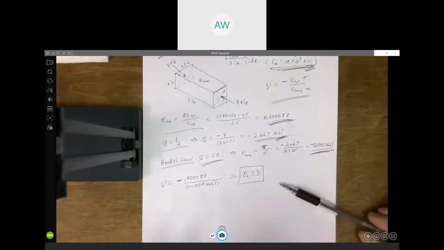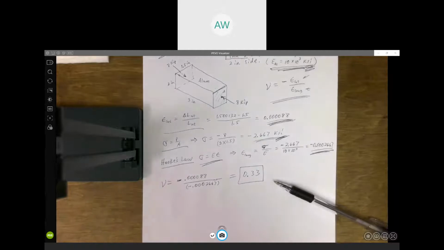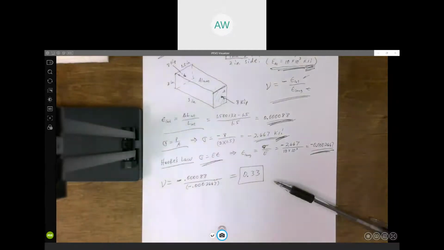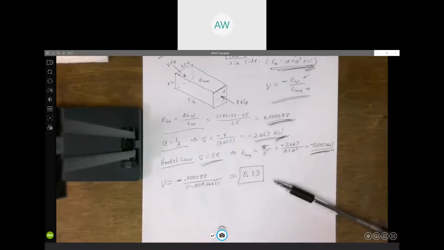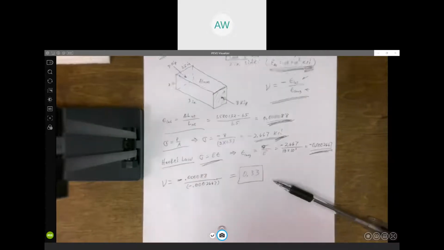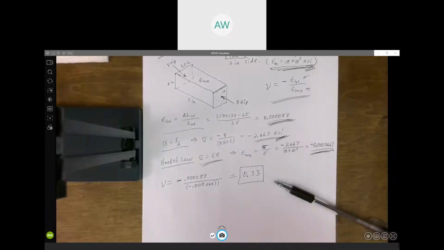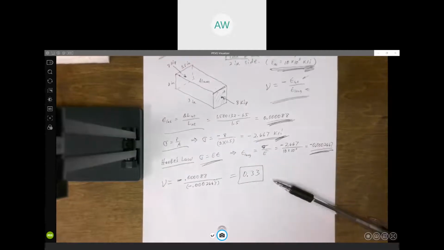Which also agrees with the discussion when we talked about Poisson's ratio yesterday. Yeah, when we were looking at that material property table, I pointed out that for most materials, Poisson's ratio should be somewhere around 0.3, maybe a little above or a little below. And that other than concrete, remember I pointed out concrete was different. But pretty much any kind of metal, we should get something in the ballpark of 0.3.